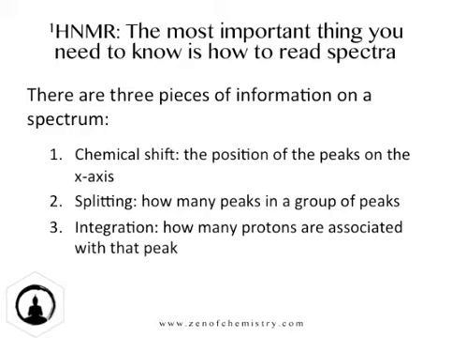We can have low resolution and high resolution NMR spectra. Mostly you'll come across high resolution, where we have a group of peaks, and they can be split into a number of peaks. And the third piece of information is integration, and that relates to how many protons or how many carbons are associated with that peak.